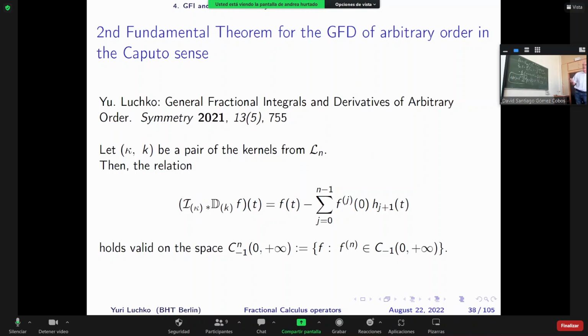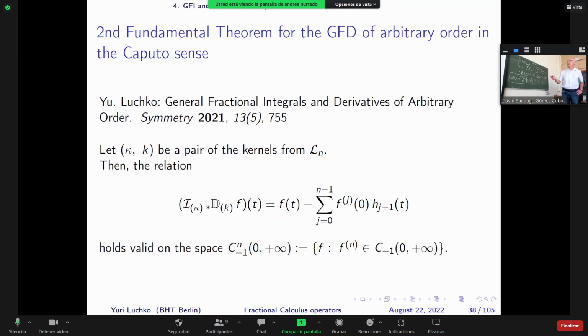And you see here that this composition is practically the identity operator, but with some additional terms. And the form of these additional terms determines, in fact, the natural form of the initial conditions while dealing with the fractional differential equation with this operator.